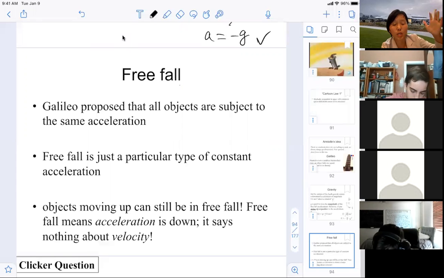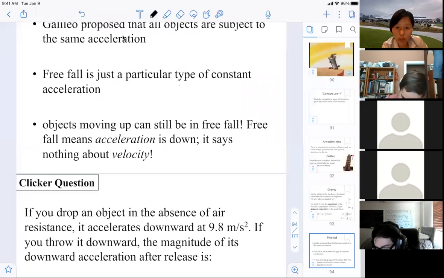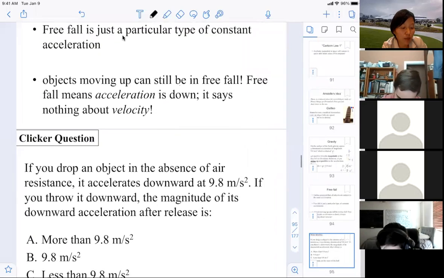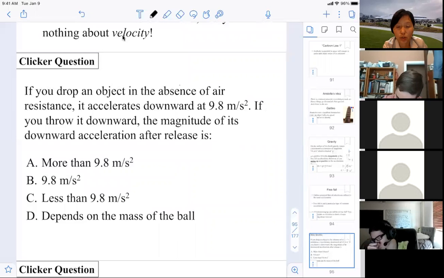You can throw an object, it can fly in a trajectory in the air, and that is still considered free fall motion. It doesn't have to go straight downward. Remember, if the object is free of any interactions other than the interaction with Earth, the acceleration will always be 9.8 meters per second squared.